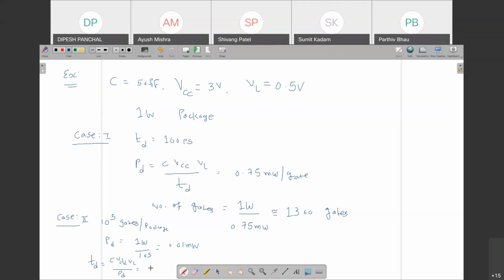Someone got the answer. Pujan is very quick. I like it. Pujan, will you tell in nanoseconds? Yeah, 75. 7.5 nanosecond per gate.